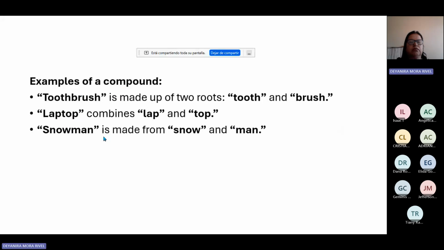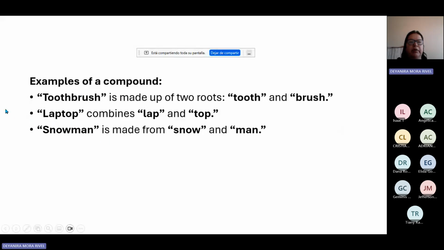Okay, and here we have some examples of compound words. Toothbrush, right, which you all know is tooth and brush. A tooth is one thing, a brush is another thing, but a toothbrush is another noun, another item. It's a kind of brush to clean your teeth.